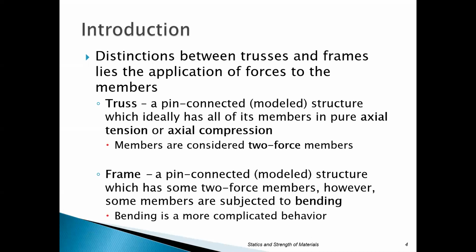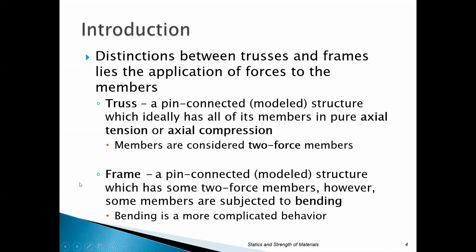In other words, it's either pulling on that member or pushing on that member. You might recall we talked about a line force in chapter 3. It was the very first type of force we talked about. So these are called two force members, because you have two forces going in or two going out.